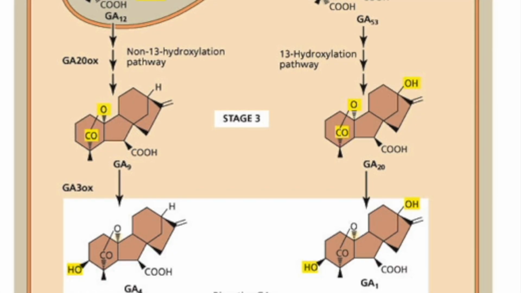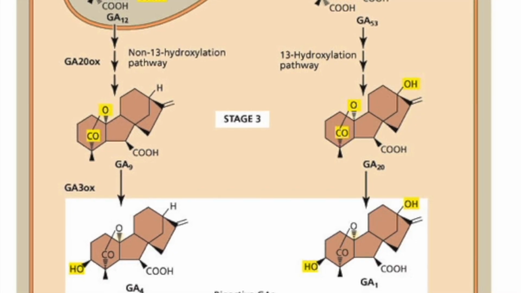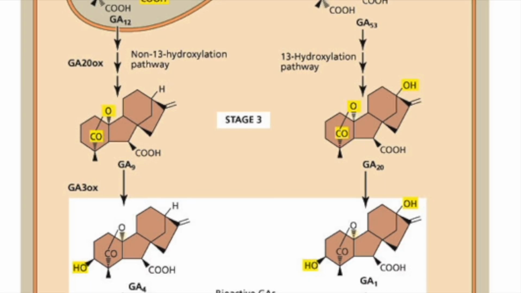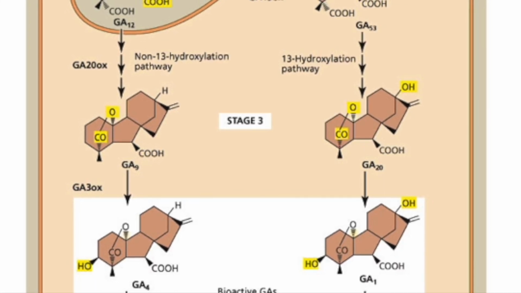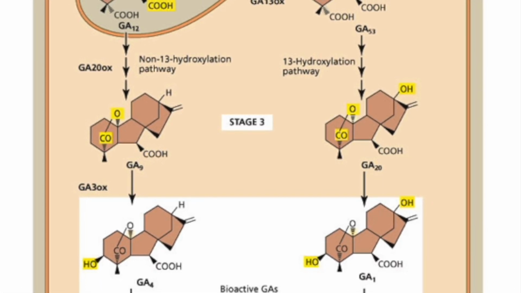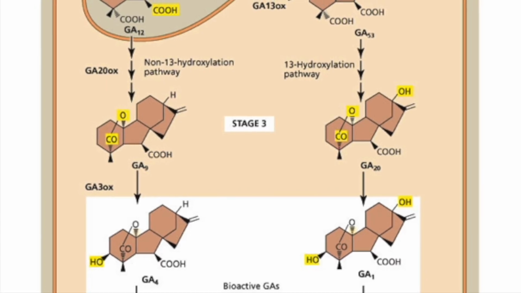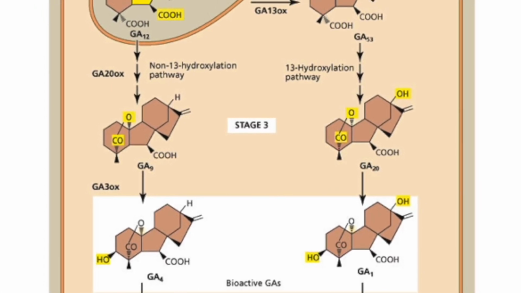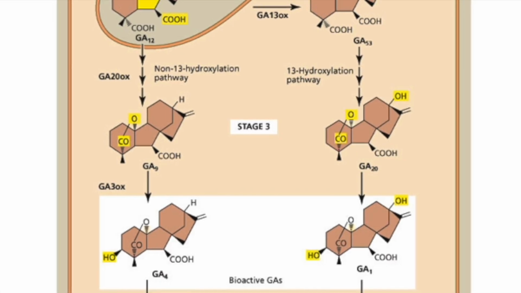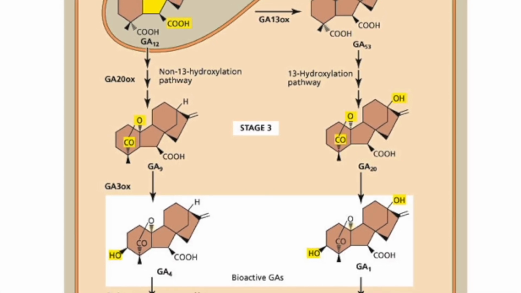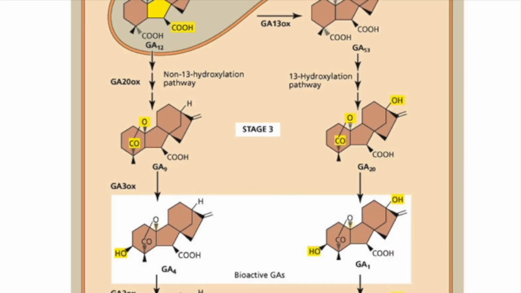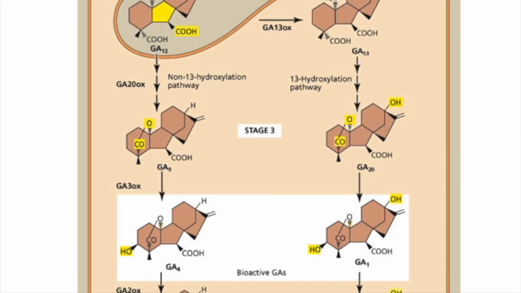The bioactive GAs, GA4 and GA1, are formed in the cytoplasm in 2 different branching pathways, the non-13 hydroxylation pathway and the 13 hydroxylation pathway. From GA12, the 2 parallel pathways form the final active GAs in the cytoplasm.